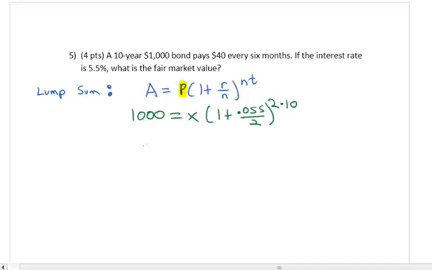Putting this in the calculator, the left side comes out to approximately 1.7 times X. Again, use more accuracy on your calculator, but when we divide both sides by 1.7, we get X. The lump sum is worth $581.25.